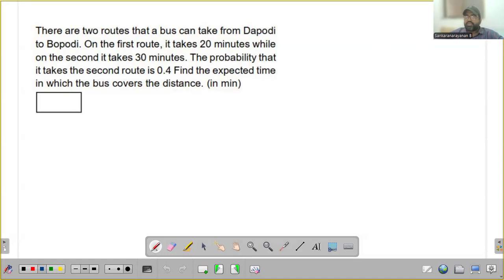There was a technical snag, I guess. The screen sharing suddenly got stopped. So can you please confirm whether the screen is visible?